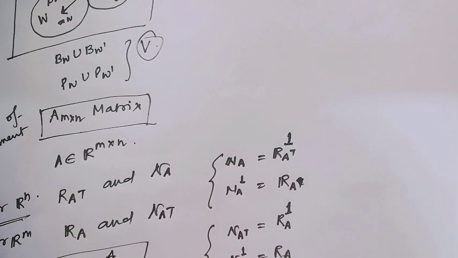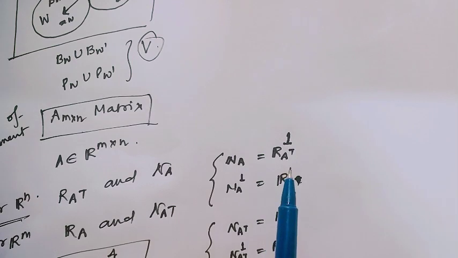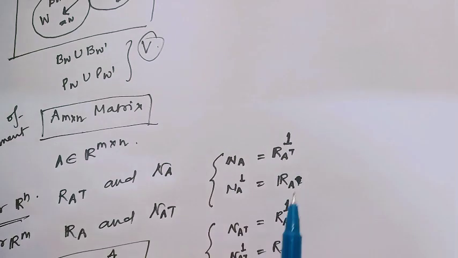Also, I had seen the null space of A is the orthogonal complement of the row space of A, that is the range space of A transpose, and all of us know the complement of the complement is the whole space.